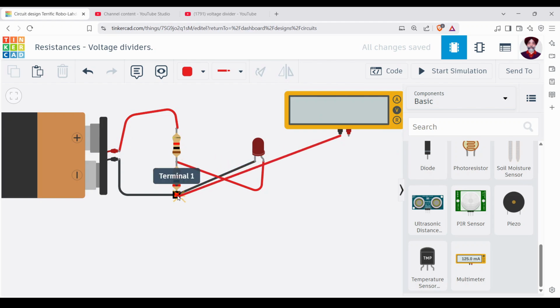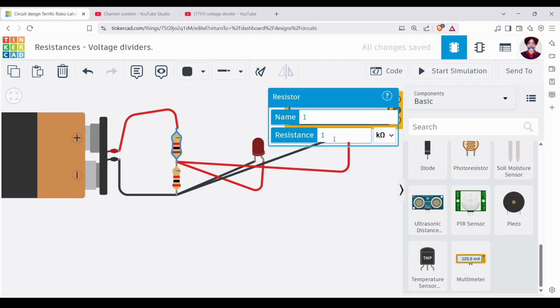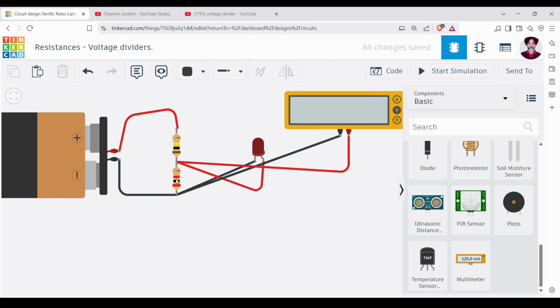So this is the positive and this is the negative, connecting negative to negative and positive to positive. So what is the voltage the LED is going to get here? How do we calculate this? Let's just take this arbitrarily as 100 kilo ohms.